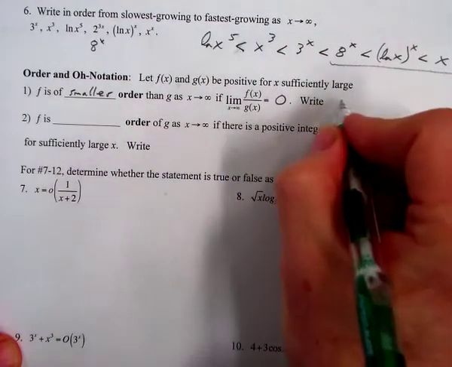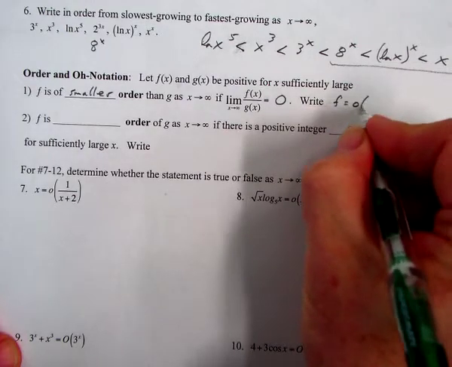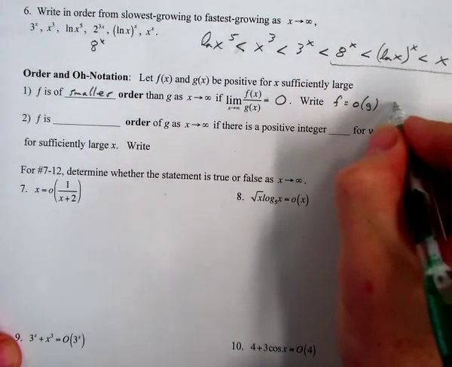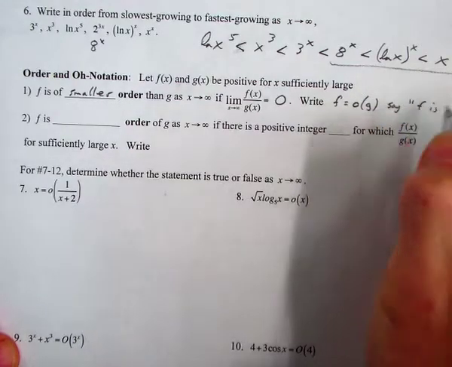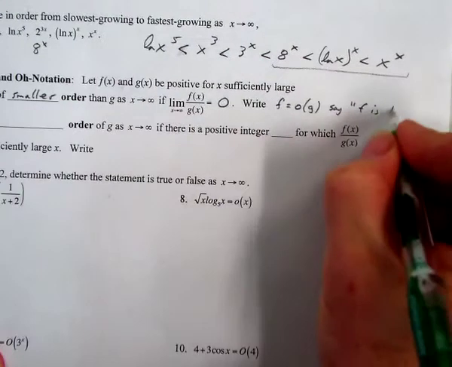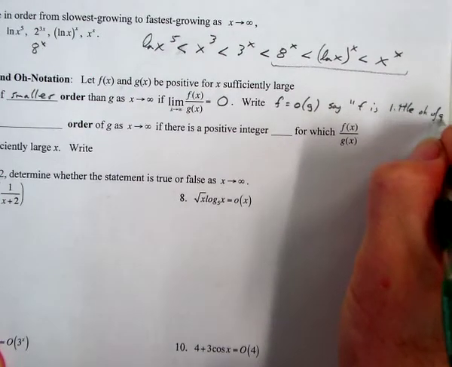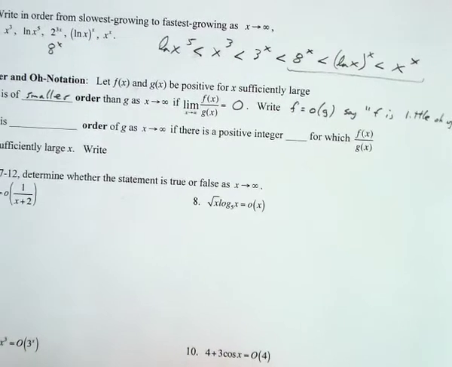You write it as f equals little o, and the way it's said is f is little o of g. f is little o of g.